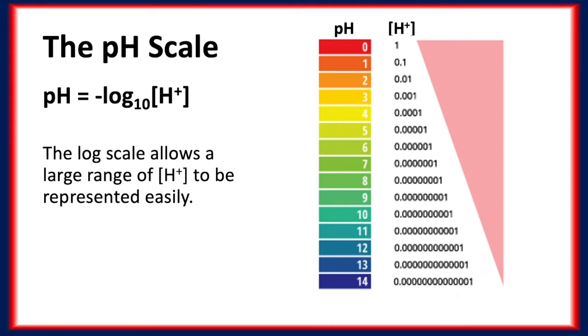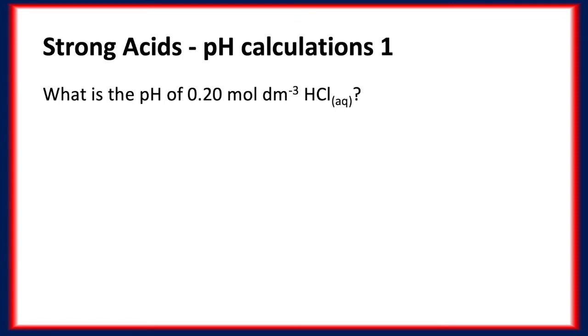A pH of 0 means we have a concentration of H+ of 1 mole per decimeter cubed, and a pH of 14 means our hydrogen ion concentration is 1 times 10 to the minus 14. So it allows us to represent a vast number of hydrogen ion concentrations on a simple scale of 0 to 14.